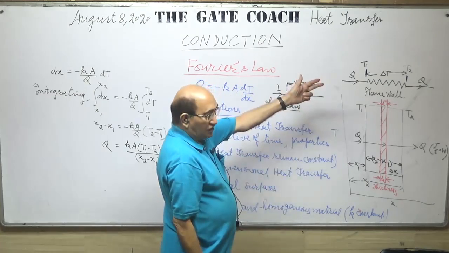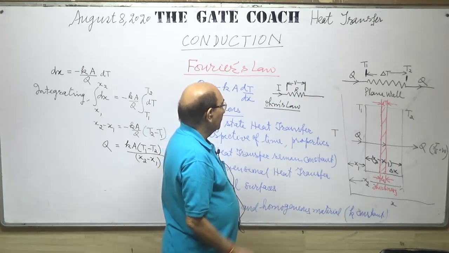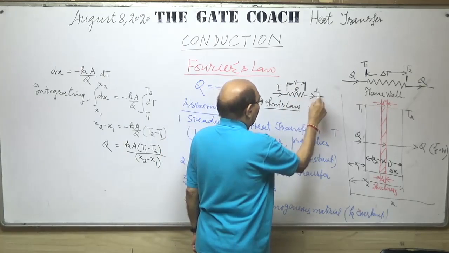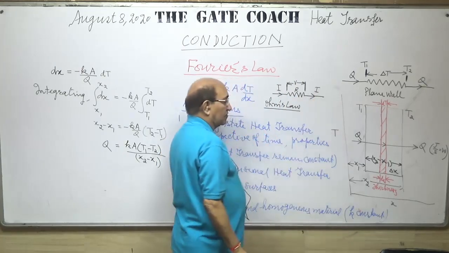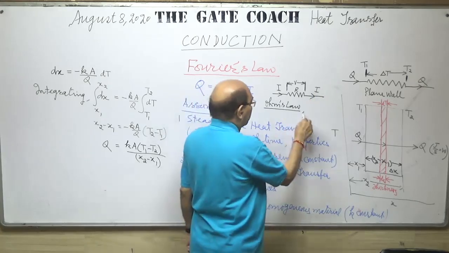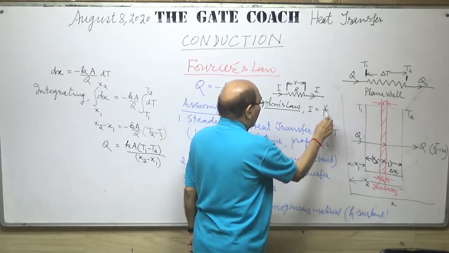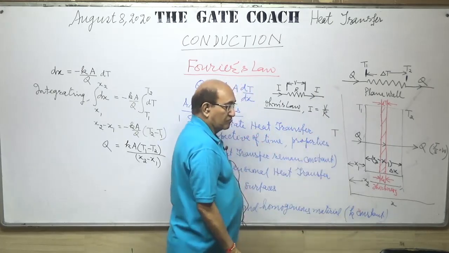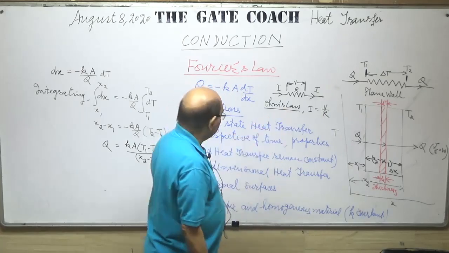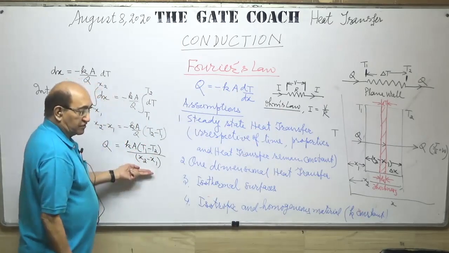Here it is the thermal potential difference. Current I is entering, current I is leaving. And Ohm's law used to be I is equal to V upon R. Analogous to this, we should try to write this.